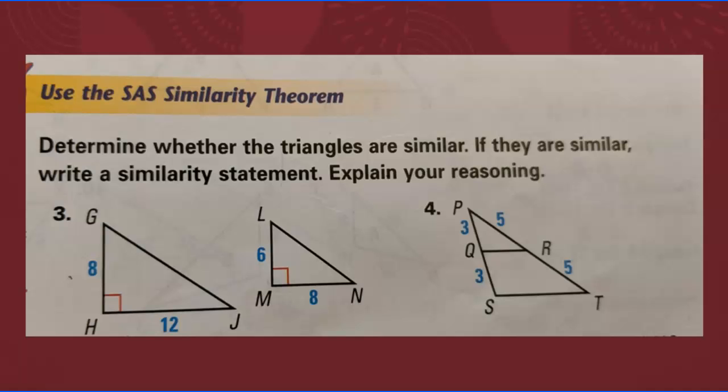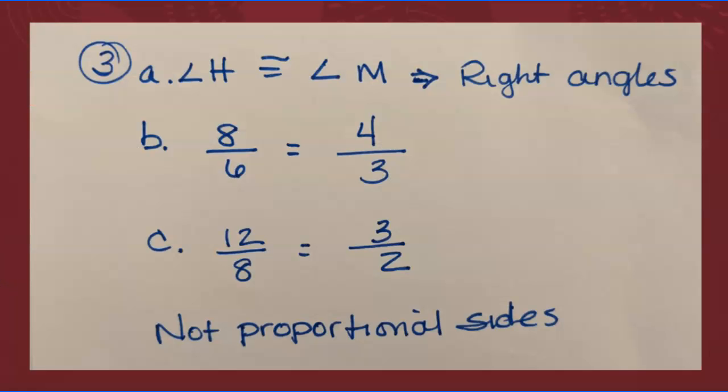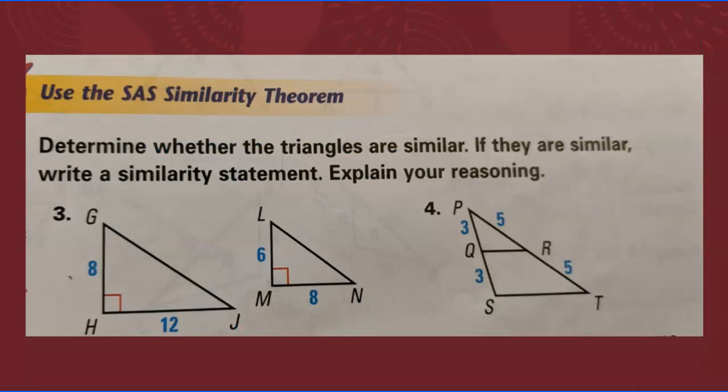All right, if you're back, I assume you're ready to get started on these guys right here. And so I am going to pull up my first thing that I did. So I asked the question first, do I have an equal angle? H and M are equal, so I can check that box off. Then I'm going to look for my shorter sides, which happen to be 6 and 8.